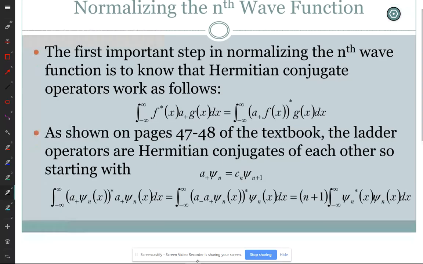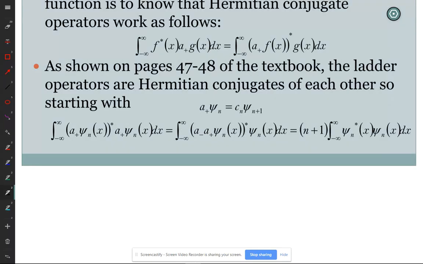And so if I want to find the normalization condition, C sub n here is going to be equal to, it's what we get our normalization constant from, right? C sub n mod squared is going to be our normalization constant.